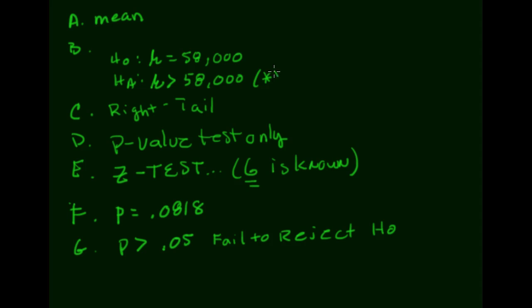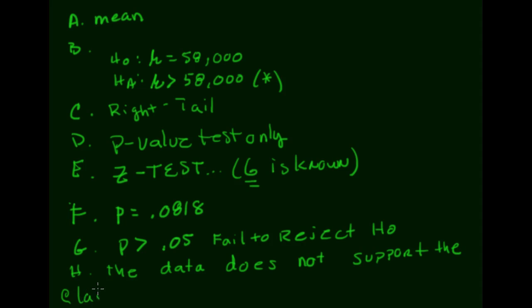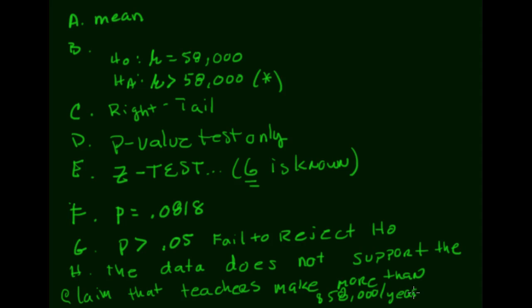Now note, the alternate hypothesis was my claim, so the data, because it fails to reject the null, does not support the claim that teachers make more than 58,000 per year on average.